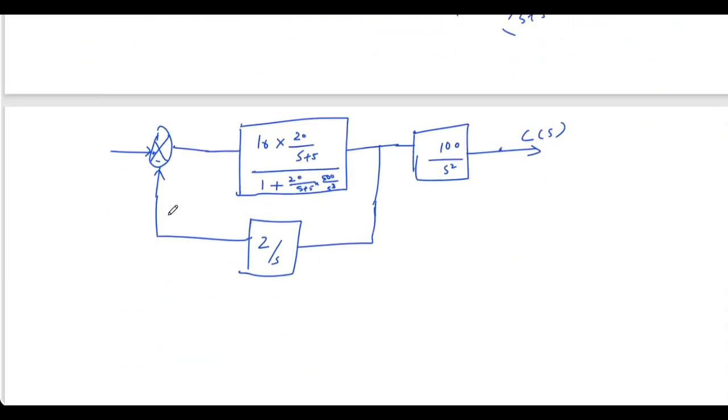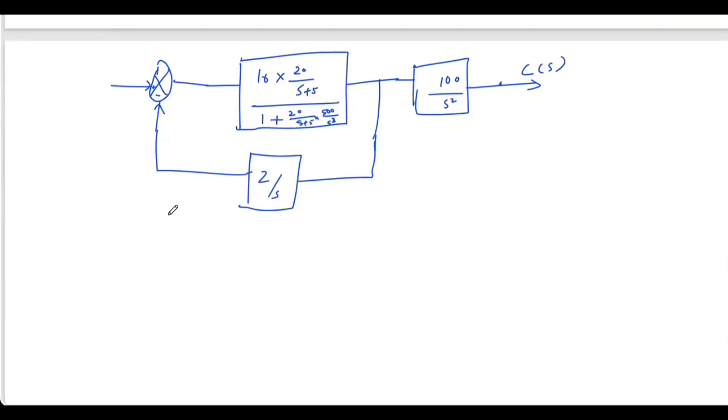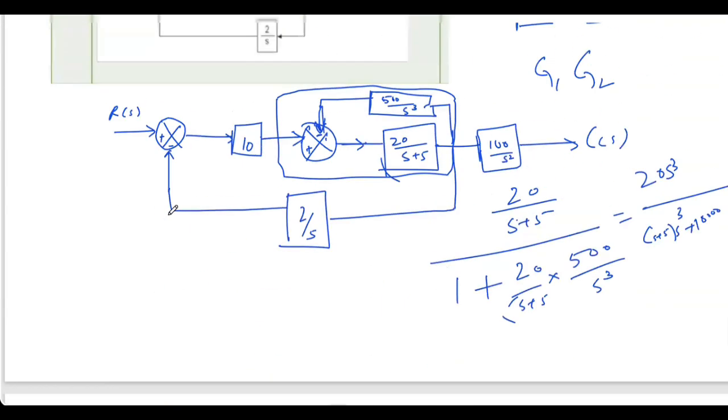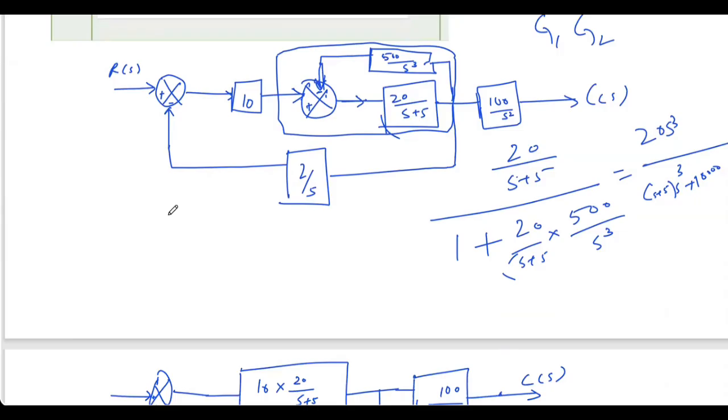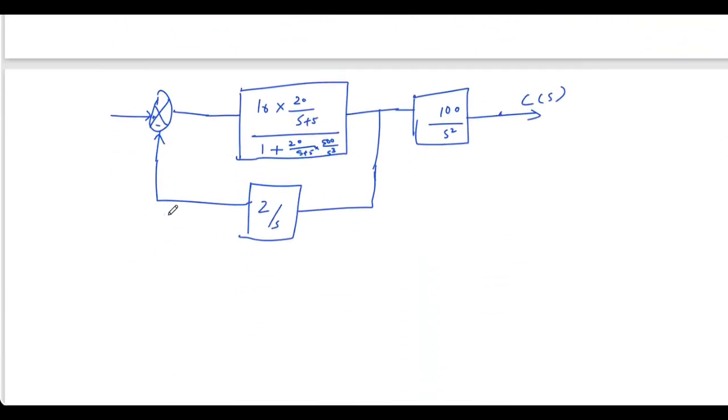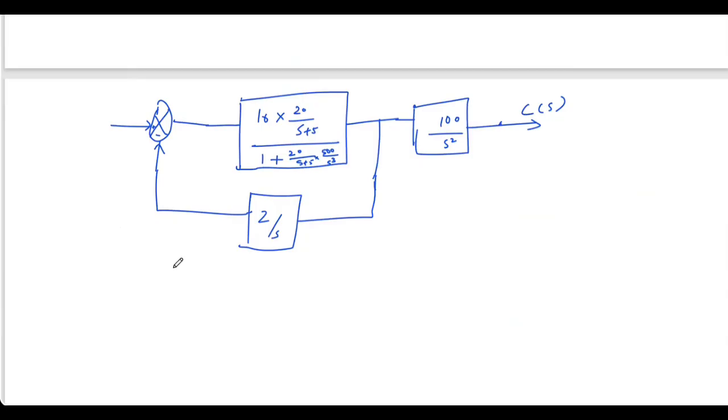Okay, sir. So whatever I have done here, I'll write it here. This block I'm writing 200 S cube by S plus 5 into S cube plus 10,000.